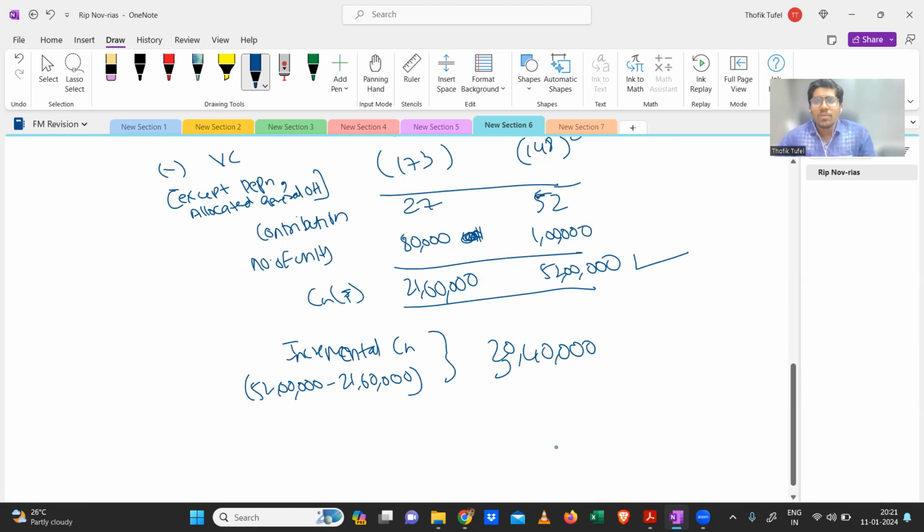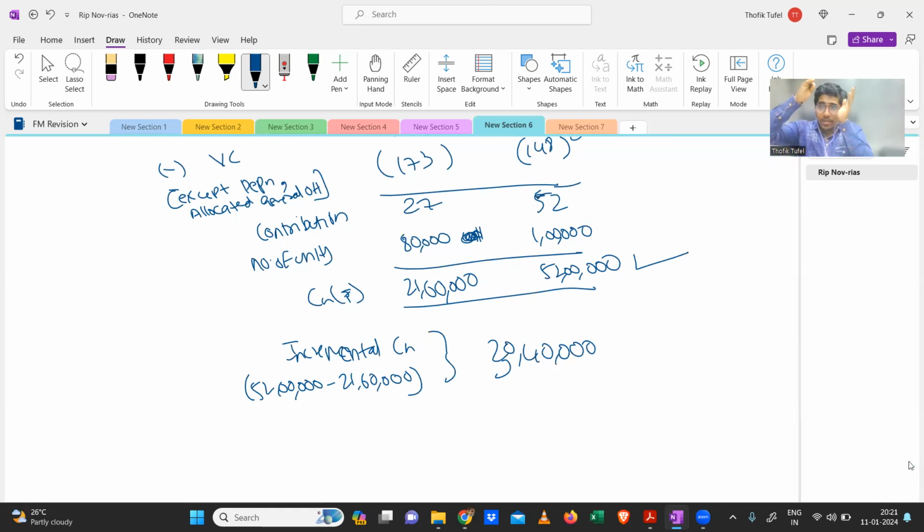Now you all will be having a doubt. Sir, you're confusing us. You have to take actual cash flows. My actual cash flow is 52 lakh, so why are you reducing 21 lakh 60,000 from here? See, we have two approaches to the problem. One is to calculate the total cash flows for existing machinery and find out the NPV.